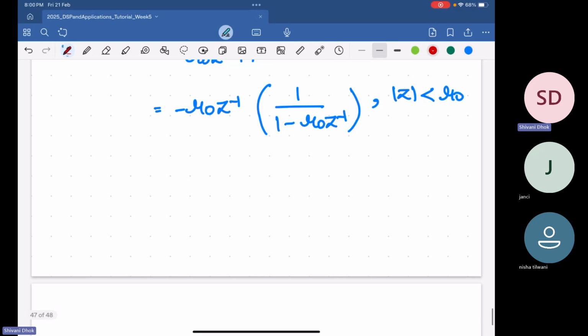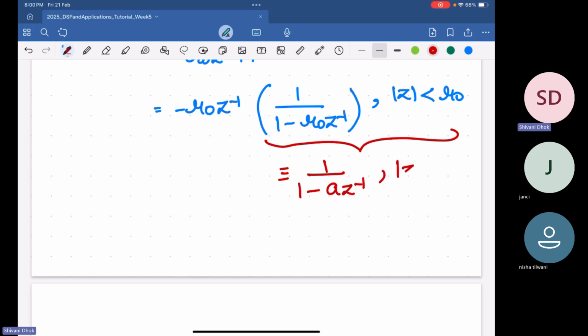Now this part is equivalent to 1 upon 1 minus a z inverse with magnitude of z less than a, again our standard form, and this is the z transform of minus a to the power n u of minus n minus 1.